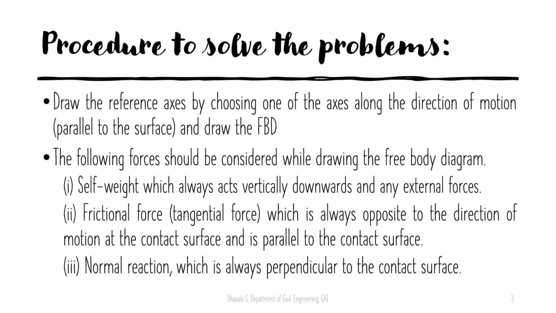Next is frictional force. Frictional force will always be tangential, and it is always opposite to the direction of motion of the object at the contact surface. Also, keep in mind that frictional force will be parallel to the contact surface. And lastly, we write the normal reaction, which is perpendicular or normal to the contact surface.